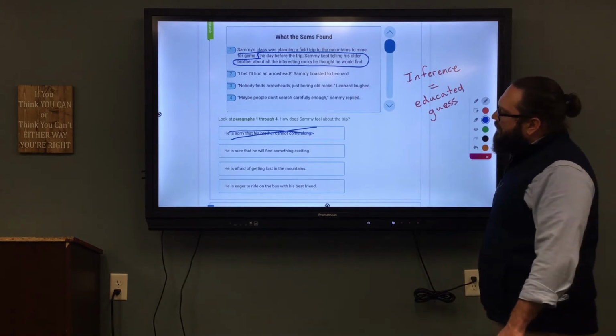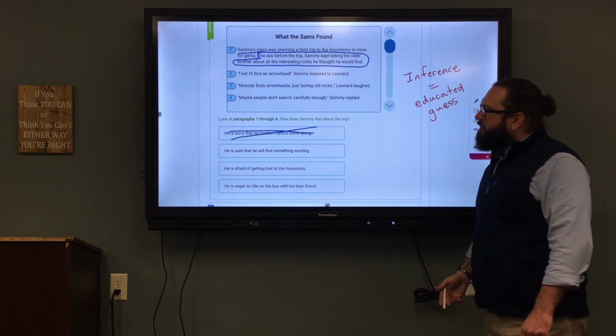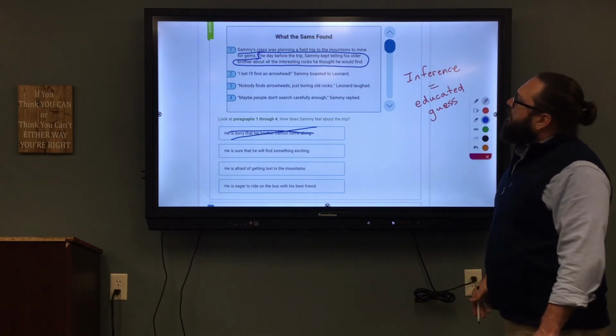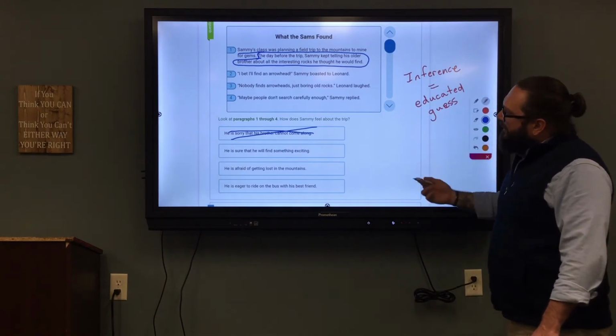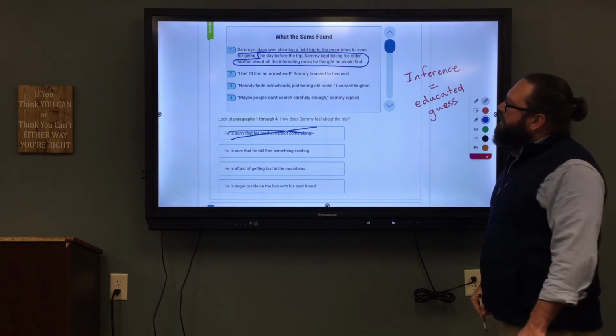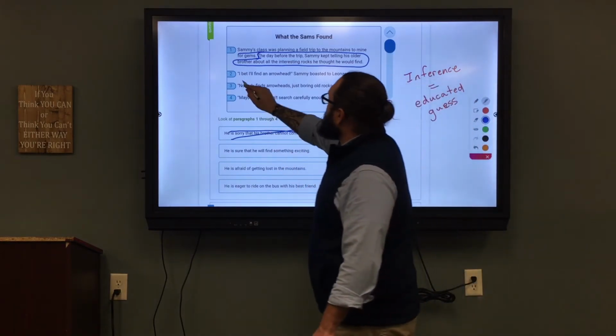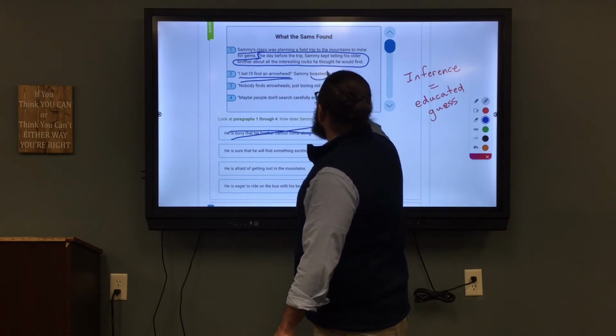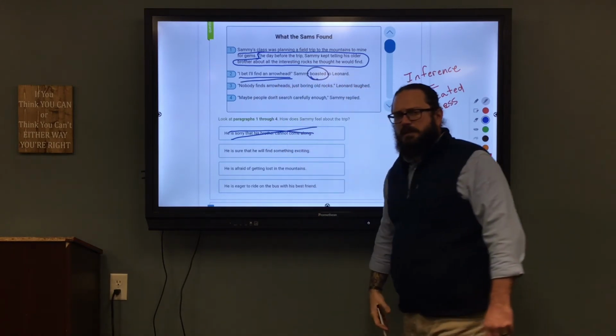The next one, he is sure that he will find something exciting. Well, if you look at paragraph 2, he says, "I bet I will find an arrowhead." And Sammy boasted. All right, so he's boasting.